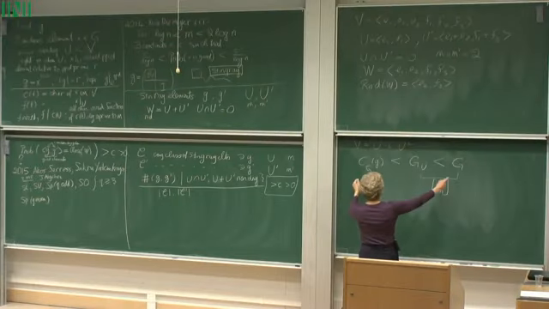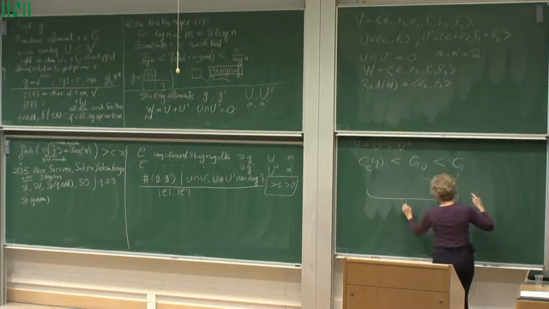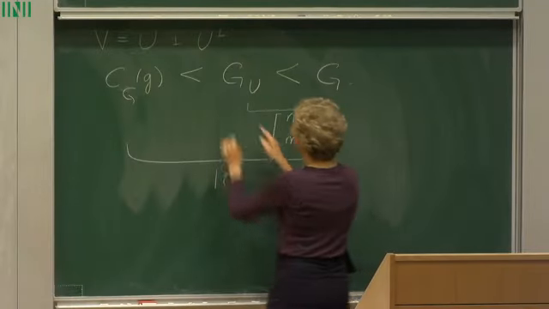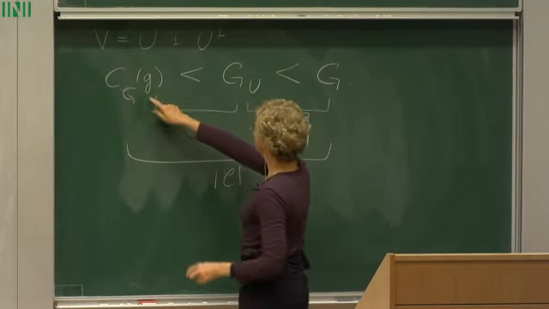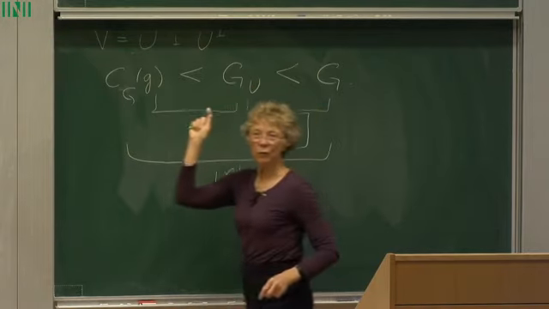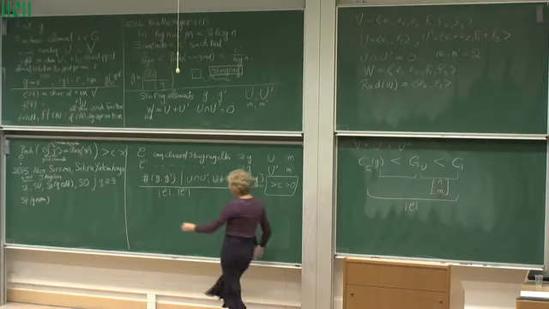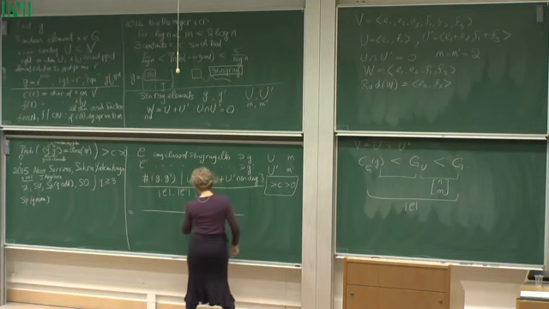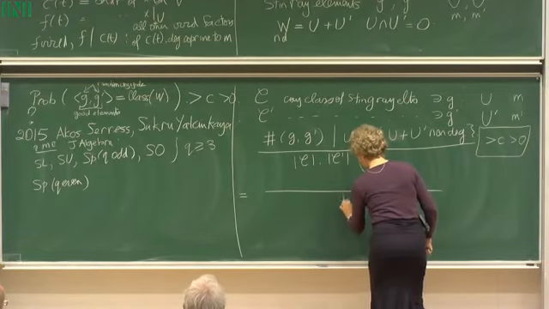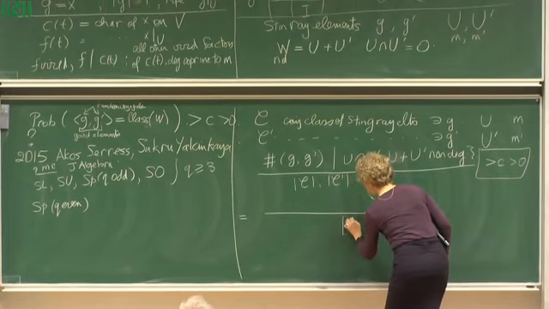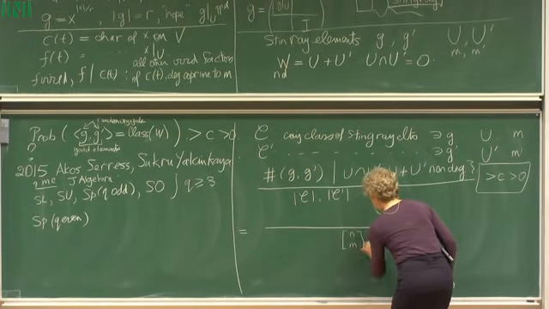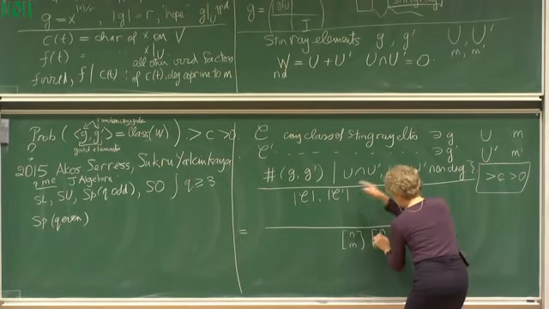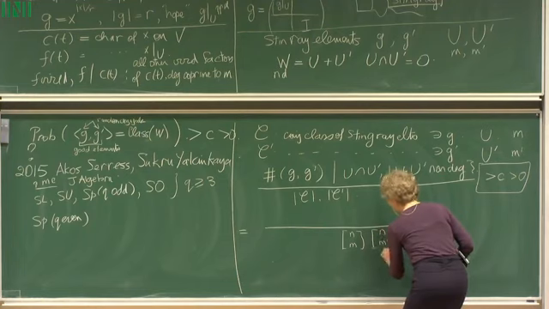And this index, of course, is the size of the conjugacy class. And this is something else. It's like the number of G's that give you that fixed U. So the bottom line, I can factorize by the number of M spaces, and then for C prime, the number of M prime spaces.